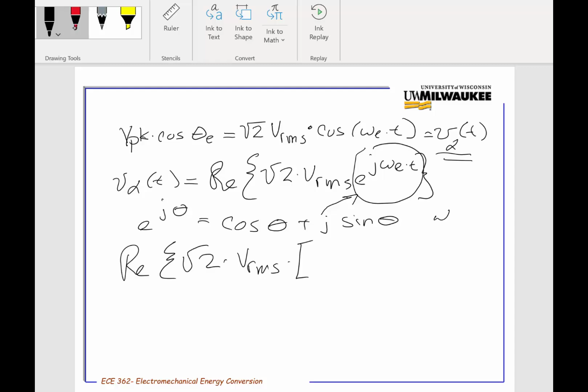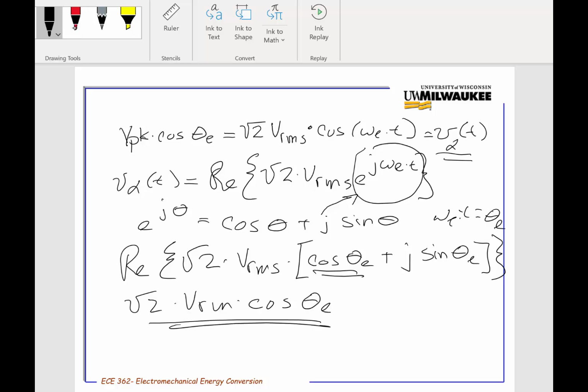I know that omega_e t equals theta_e, so that would be cosine of theta_e plus j sine of theta_e. So the real part of it is just that. Basically what I'm showing you here is a proof of where this expression for the phasor, which is this expression right here, comes from.